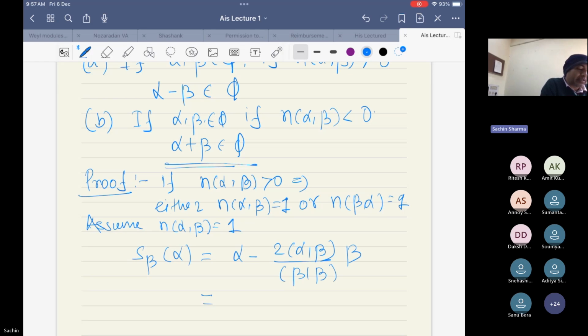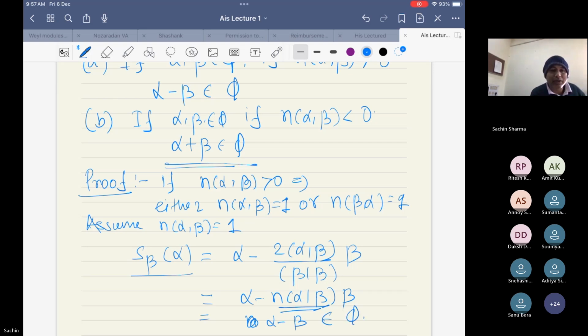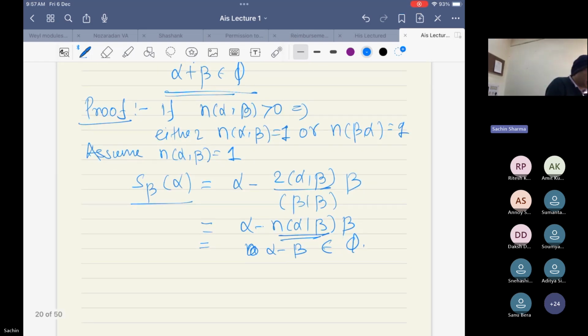So this is alpha minus n(alpha, beta) times beta, which is nothing but alpha minus beta. But S_beta preserves the root system, so that's why this belongs to phi. And I leave the negative case for you.